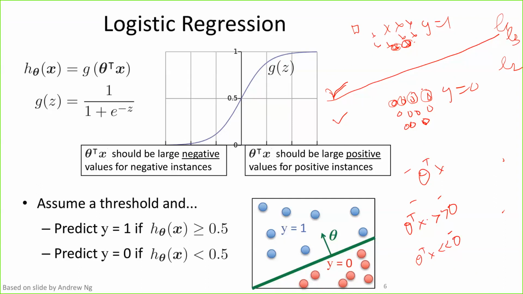We have to learn theta transpose x so that it is a large positive value for all positive instances and a large negative value for all negative instances. I hope you understood why we have to do this. Understood, right? Yes, sir.